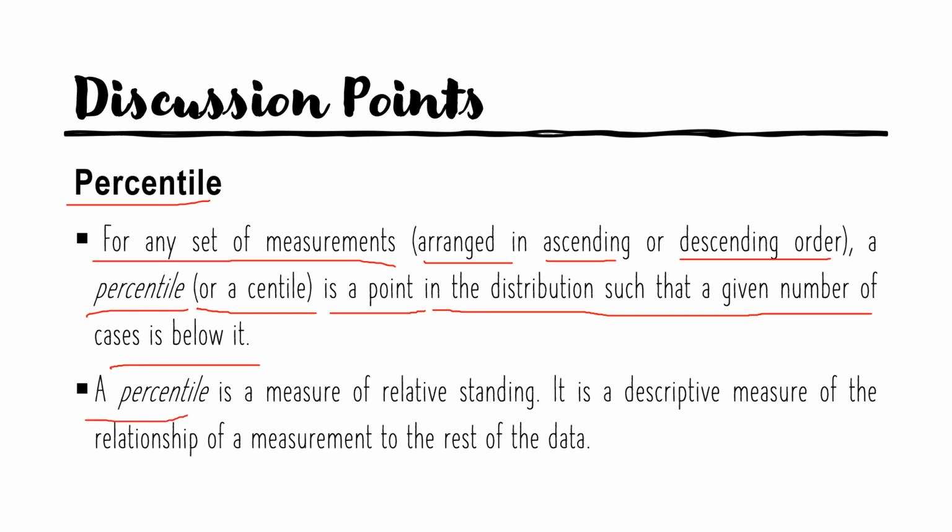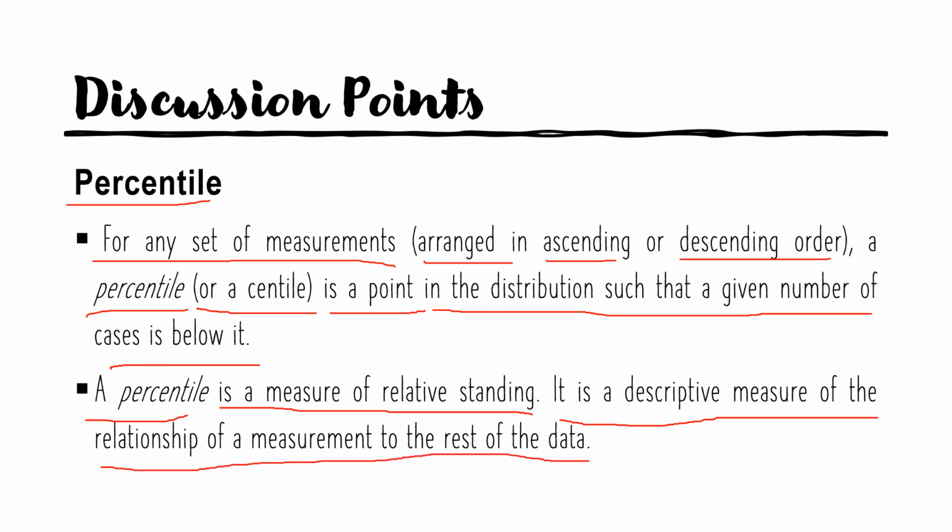A percentile is a measure of relative standing. That's why a while ago I said that we use percentile to represent relative positions in statistics. It is a descriptive measure of the relationship of measurement to the rest of the data.